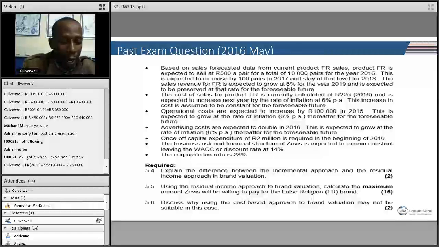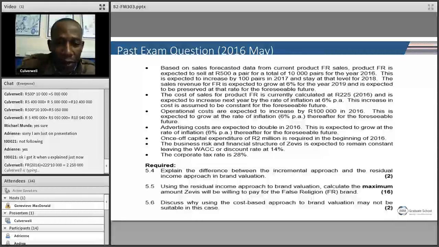So my cost of sales for FR in 2016, I would have shown the calculation by saying 225 times 10,000. That was going to give you 2,250,000. So that becomes my cost of sales for FR in 2016.